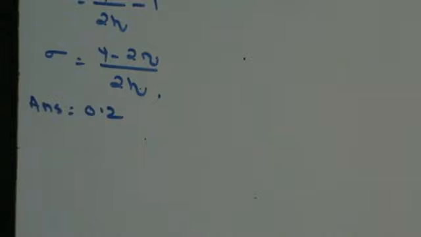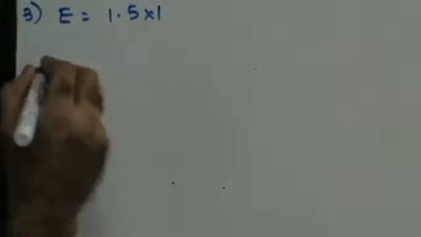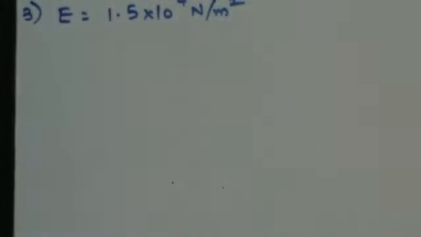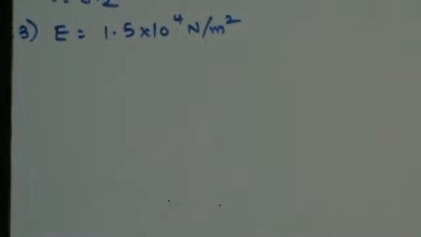The elastic limit of copper is 1.5 into 10 raised to 4 newtons per meter square.